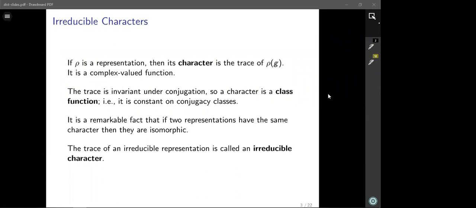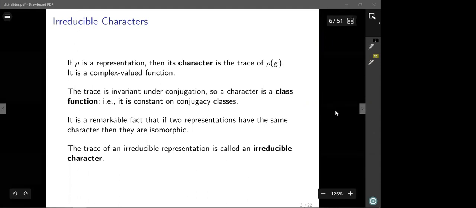So in some sense, the character actually contains all the information of the representation. And so the trace of an irreducible representation is called an irreducible character. That's the object of interest for this talk. Now, this seems all very abstract. Later on, I'll actually give you a more concrete definition for a specific case of interest.